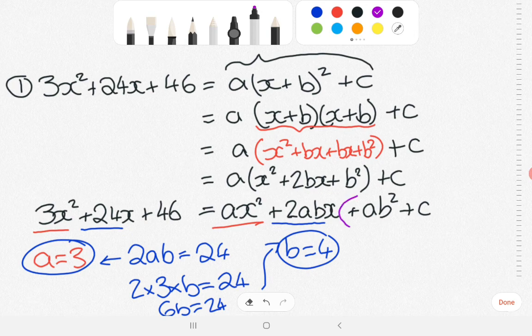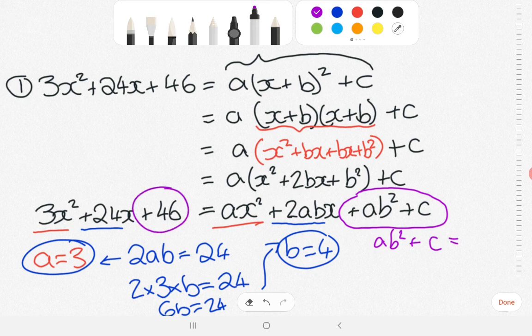This is all the stuff that's left that isn't attached to an x or an x squared. So this is the part that represents the number. So ab squared plus c represents the number, and the number is positive 46. If that was negative 46, you'd need to take the negative with you.